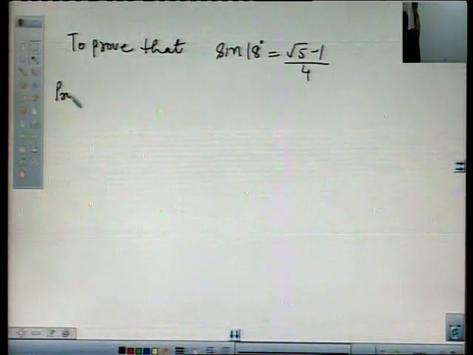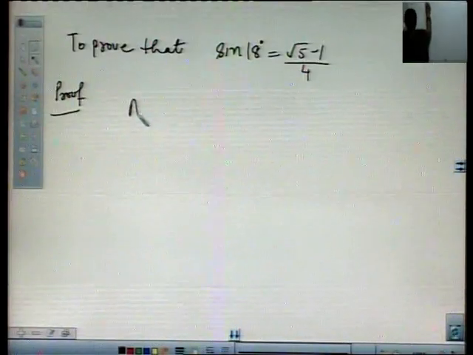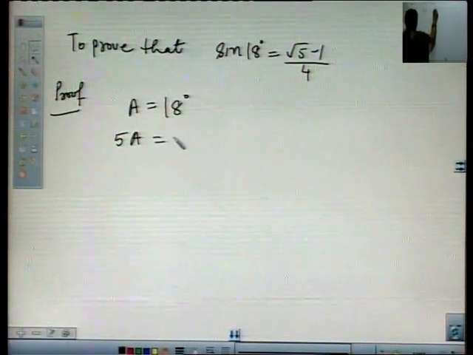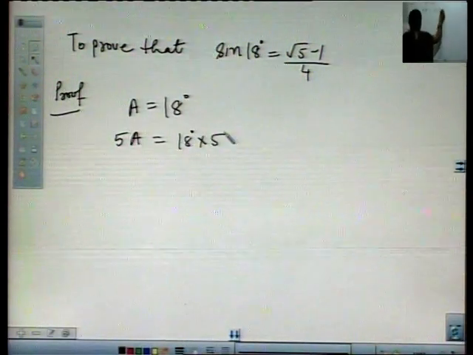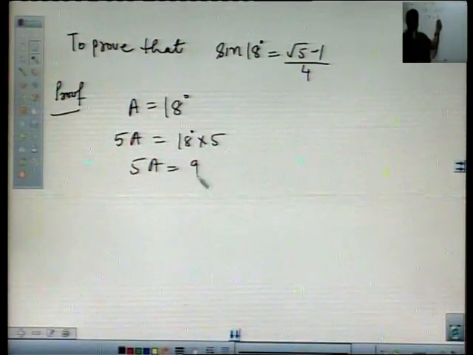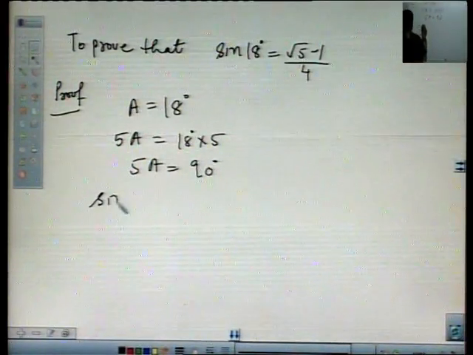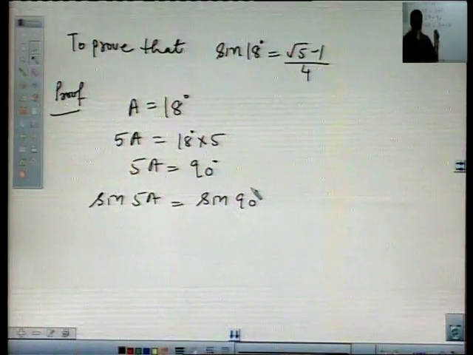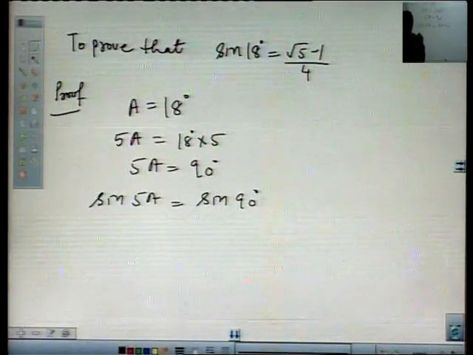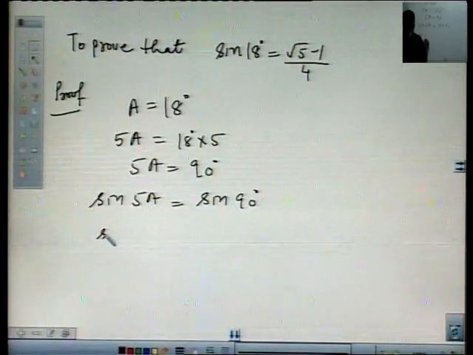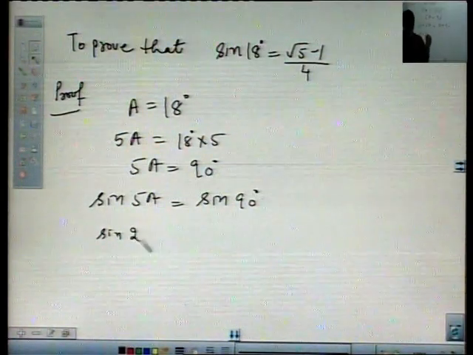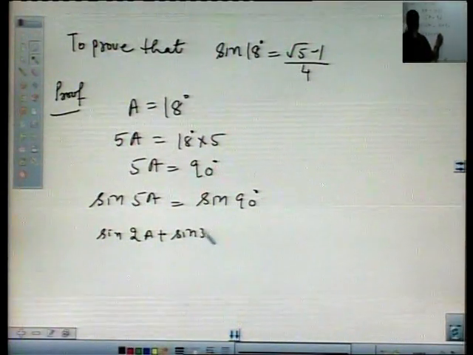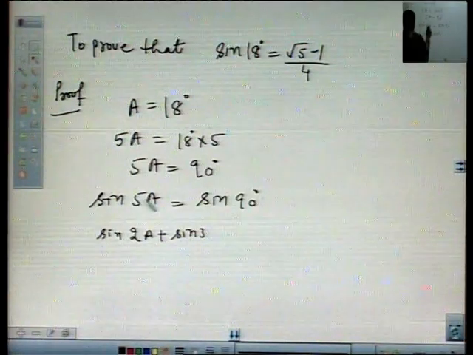Now proof: let A is equal to 18 degree and multiply by 5, it will be equal to 90 degree. Now taking sine both sides we will get sin 90 equal to 1 and sin 5A, which is 2A plus 3A.